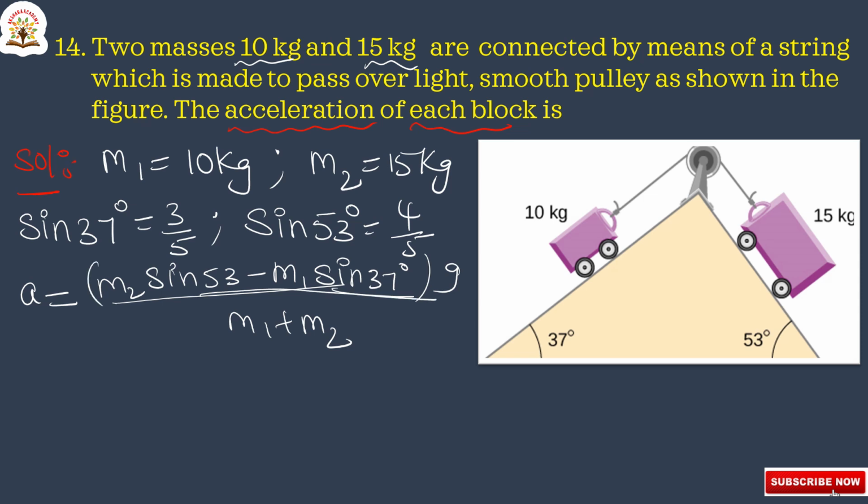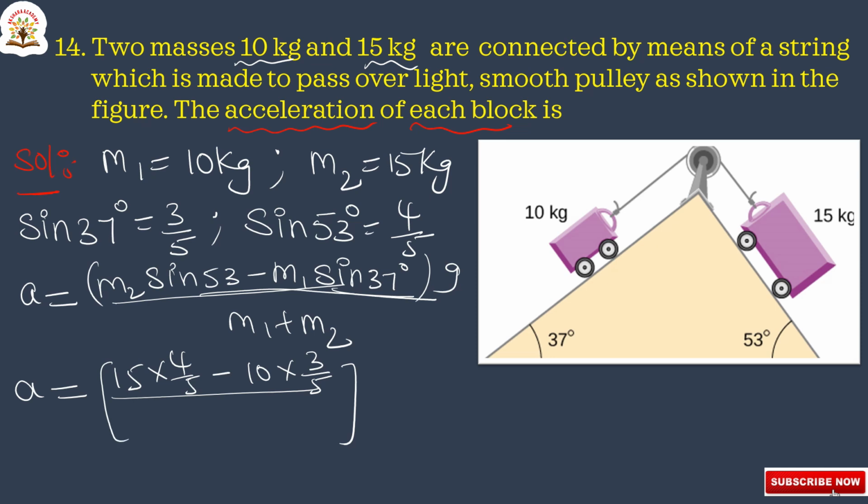So now substituting values, A is equals to (15 into sine 53, 4 by 5, minus 10 into sine 37, 3 by 5) by (m1 plus m2), 10 plus 15, into g, 10.